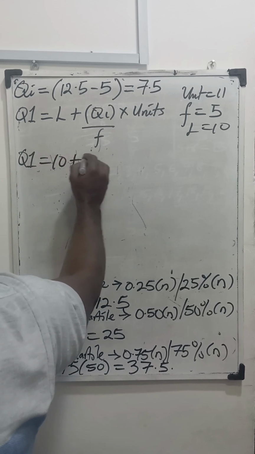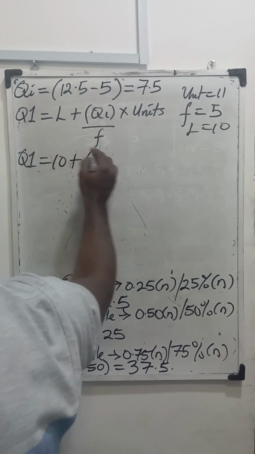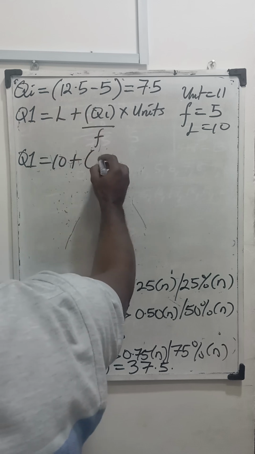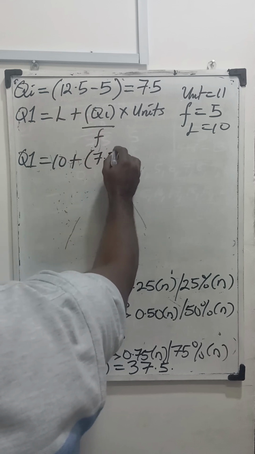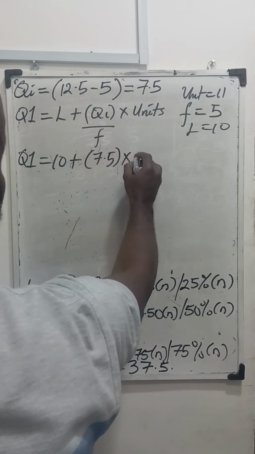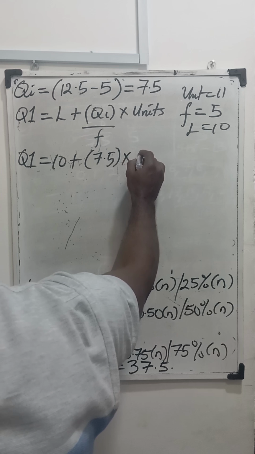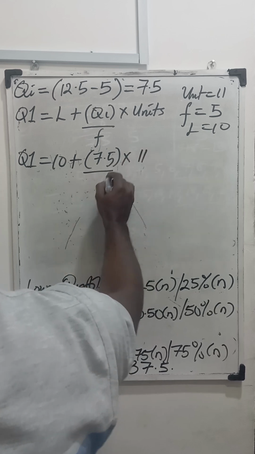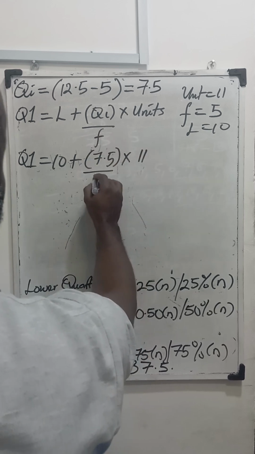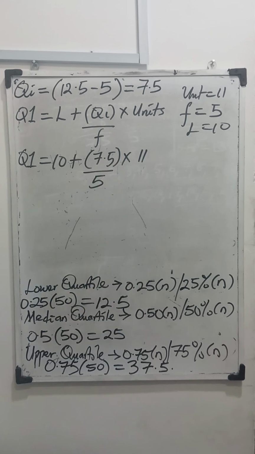10 plus the value of QI, 7.5, times the unit 11, divided by the frequency 5. So go ahead and divide 7.5 by 5.